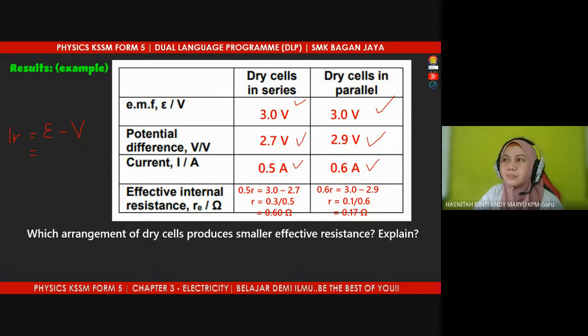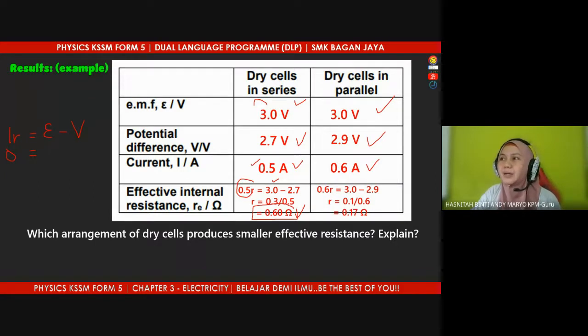So the current here is 0.5 as shown here. This is 3 EMF and this is the potential difference. So you can find R is 0.6 ohm. So this is the total internal resistance in the battery connected in series.